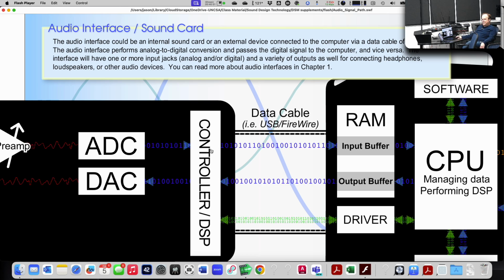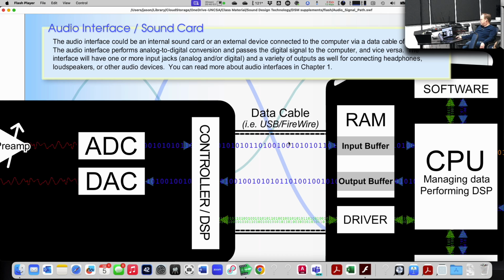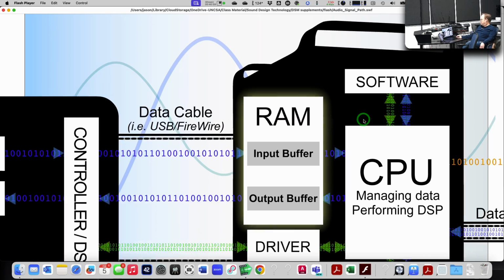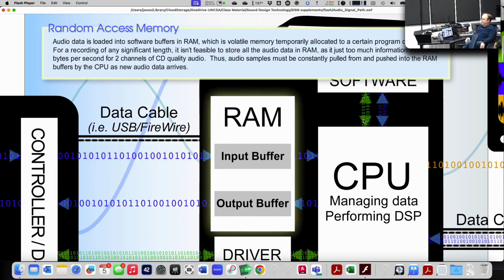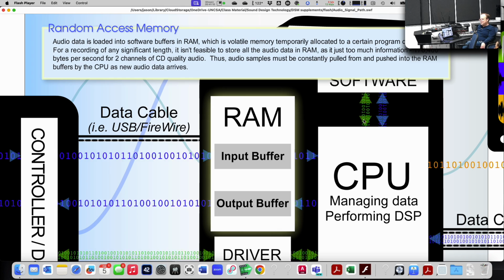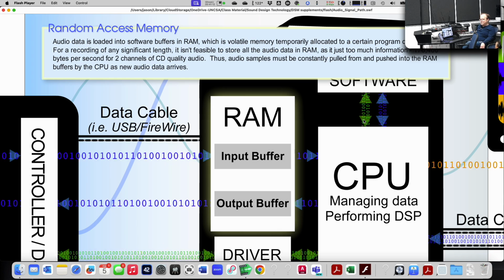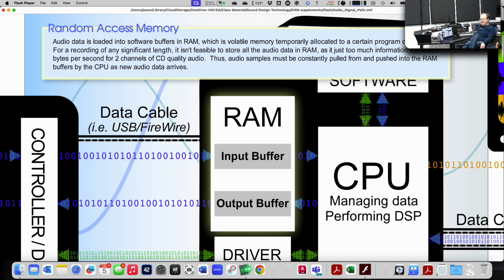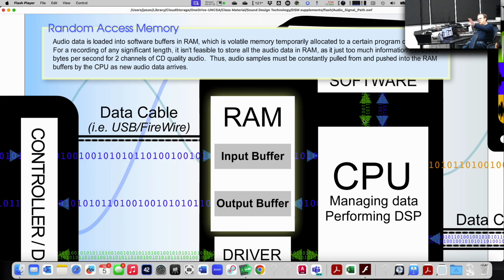Somehow you connect the interface to the computer through one of those, and that data basically goes directly into RAM. We talked about RAM last week. You remember? RAM stands for Random Access Memory, and this is a really, really fast storage medium that the computer works with, where it stores the digital data as electrical current, and it can access it in any order that it wants at any time.